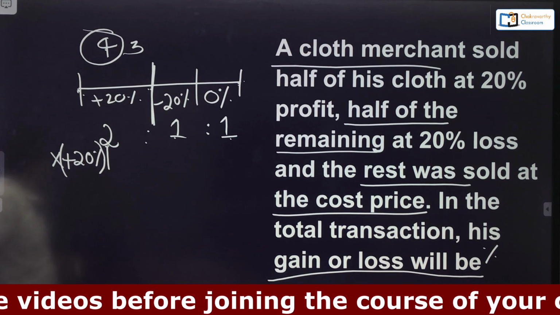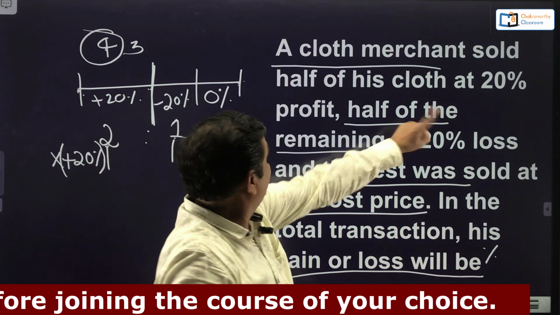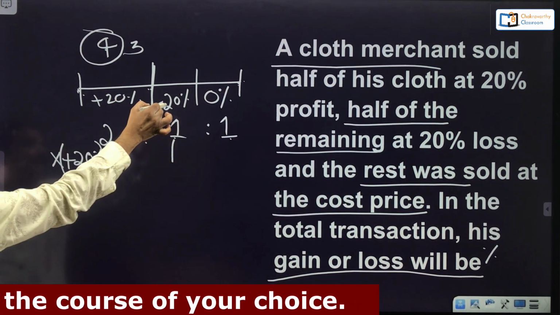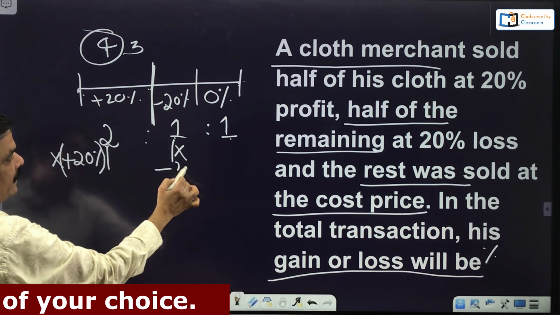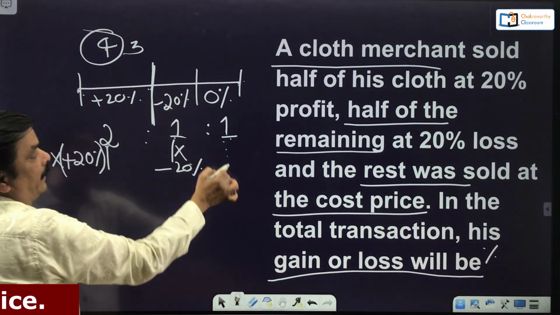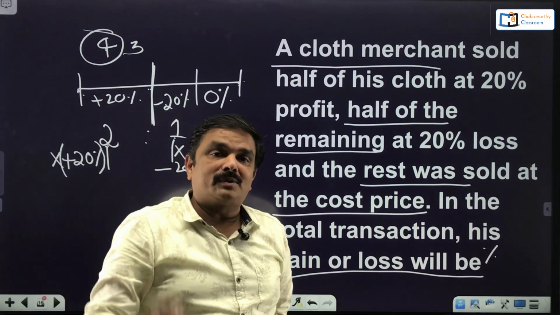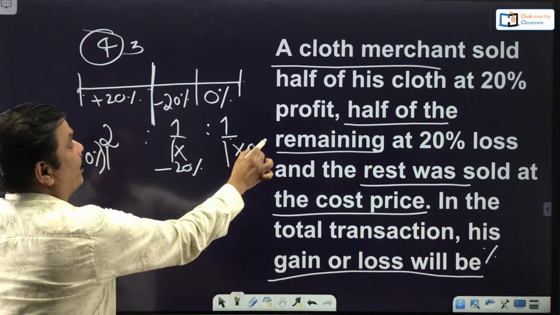Whereas this part, half of the remaining at 20% loss, into minus 20%. And the remaining, into, no profit, no loss, because that is sold at cost price. I'll take this one as 0%.